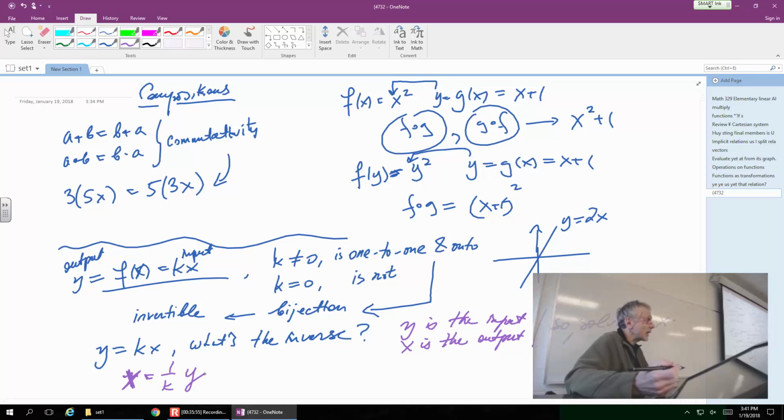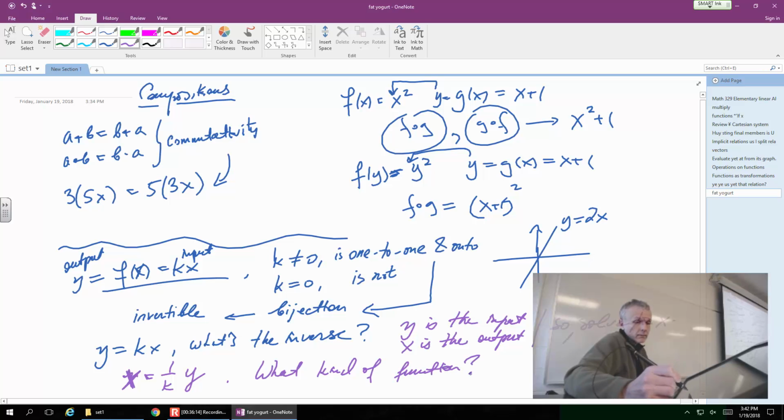Right away you can see how the k not equal to 0 requirement comes into play, and it works out because k is not equal to 0. Secondly, what do we observe? What kind of function is this? It's linear. It's linear again, just that the coefficient is now 1 over k.